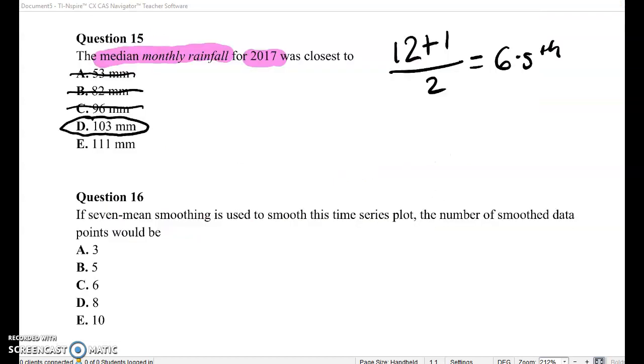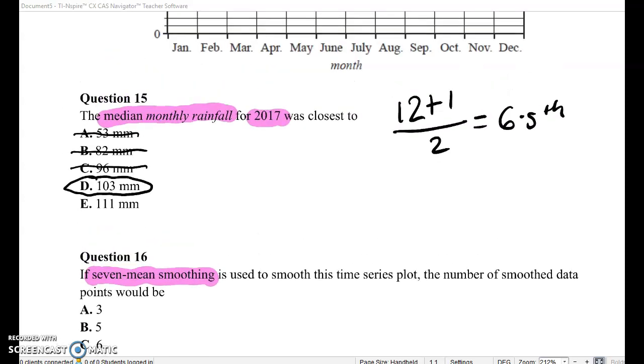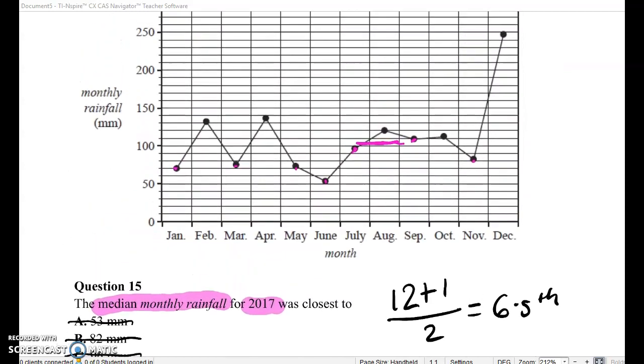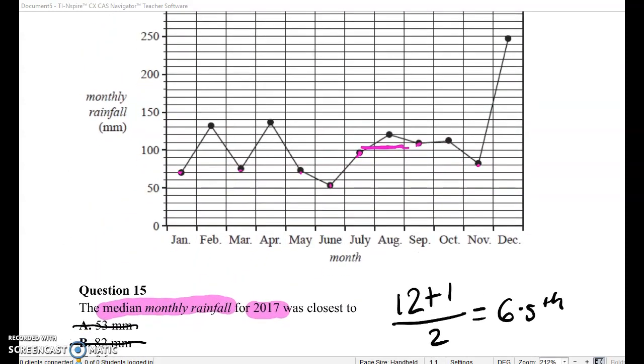So question 16. If 7 mean smoothing is used to smooth the time series plot, the number of smooth data points would be. So looking at our plot here, remembering we've got to have the 7 points to make the smoothing from.